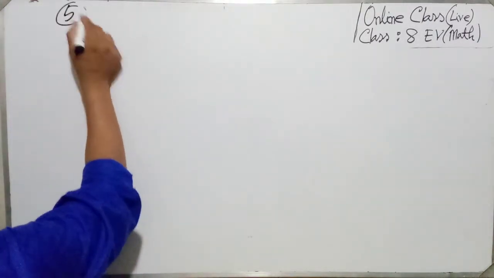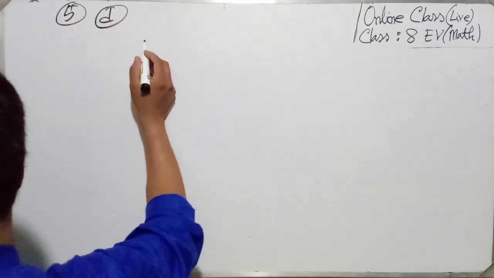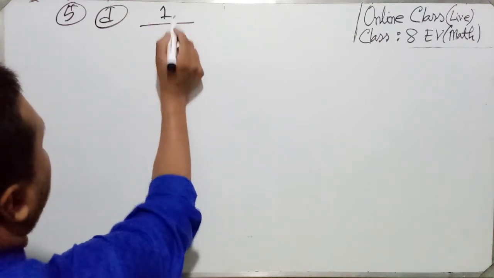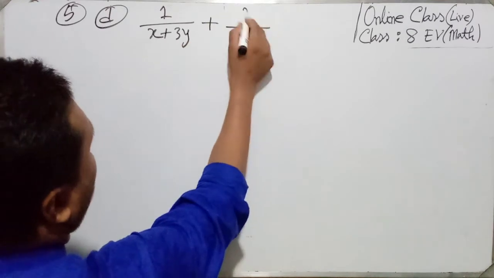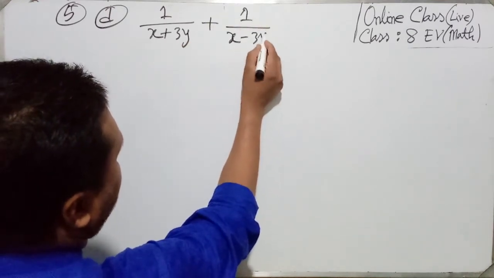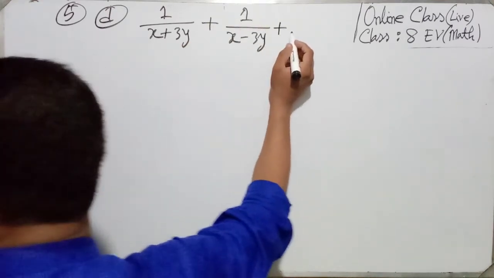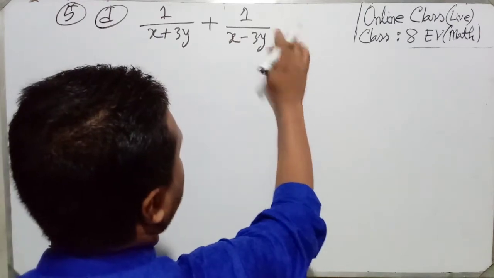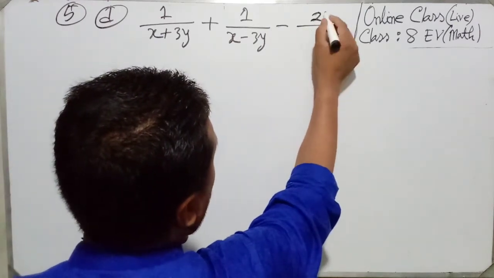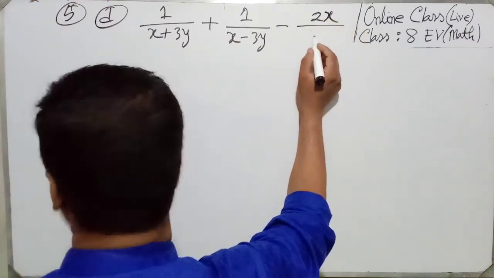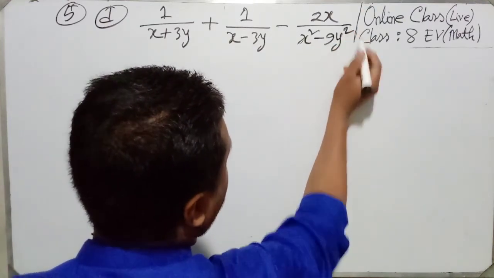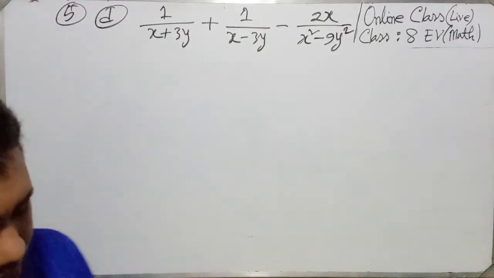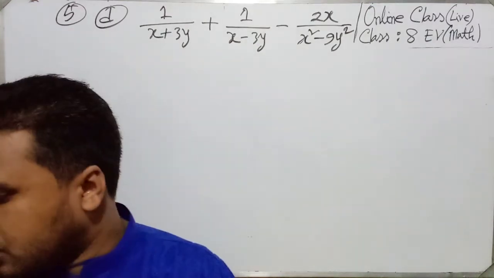Now 5 number D, what is our maths? 1 by x plus 3y plus 1 by x minus 3y, and another one minus twice x by x square minus 9y square. This is our maths. Now dear students, we have to solve it.